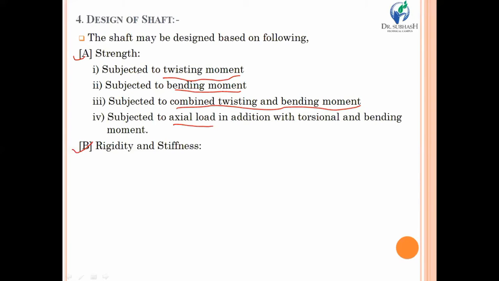You should take care of the combined effect of both. So at that time, option number 3 you should select. And suppose there is an instance where all this combined effect along with the axial load is also acting. At that time, you should take care of the 4th design criterion in the case of strength design.